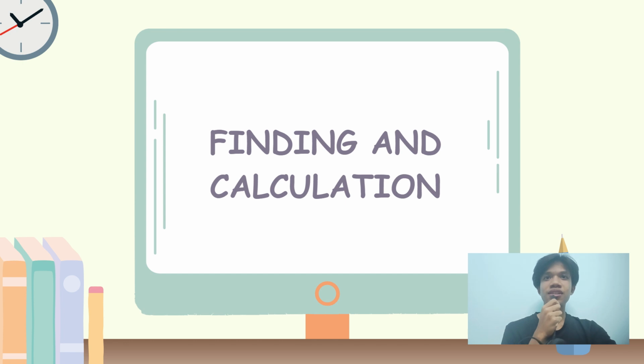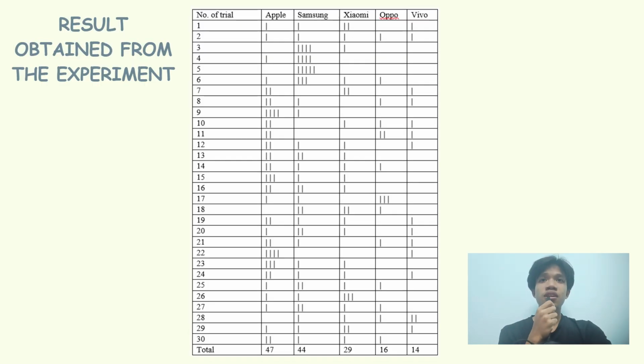Assalamualaikum, I'm Putra Shanawi and I'll be talking about the experimental probability of our group. To obtain the probability of each phone brand, the total frequency of outcome of each phone brand will be divided by the total frequency of our experiment. The experimental probability can be obtained by using the formula P(A) equals N(A) over N(S).